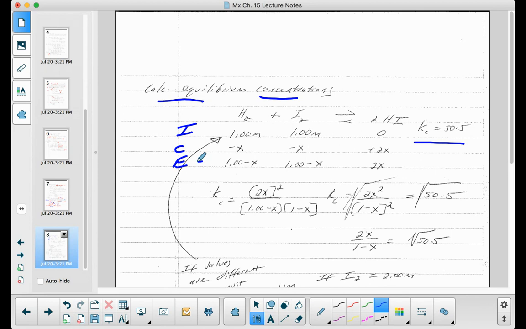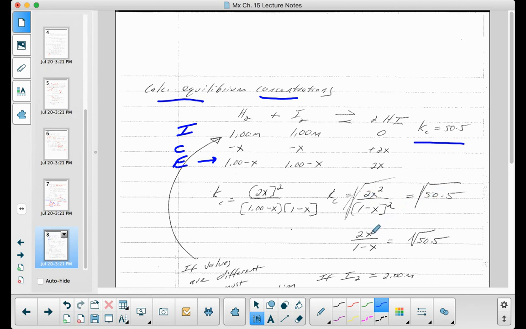So at equilibrium, this is 1 minus x. This is also 1 minus x. And this is going to be 2x. And then I'm going to put these variables into the expression and then use my algebra to solve for x.